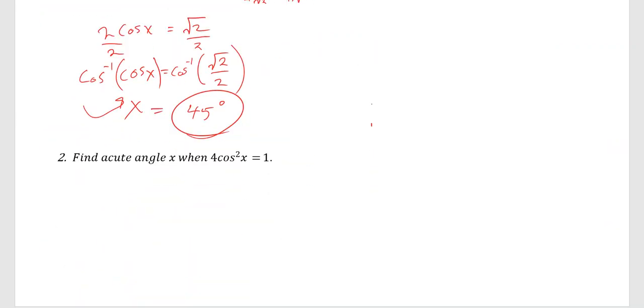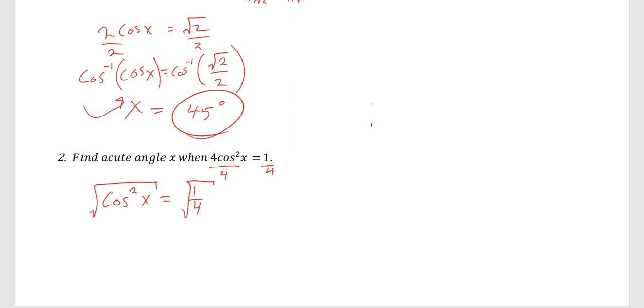Very good. So next exercise, find acute angle x when 4 cosine squared x equals 1. Again, may appear a bit intimidating, but it's really not. So standard algebraic manipulation, divide both sides by 4. Again, my goal is to isolate the x. So I'll have cosine squared x equals 1/4.